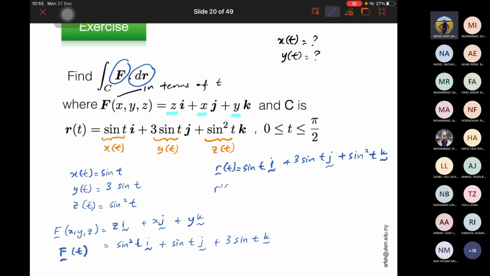Okay. So r prime t, bezakanlah sin. Bezakan sin akan dapat cos t i.